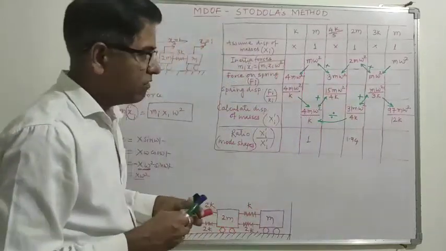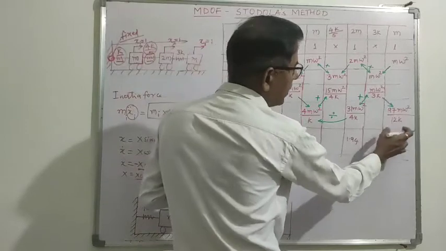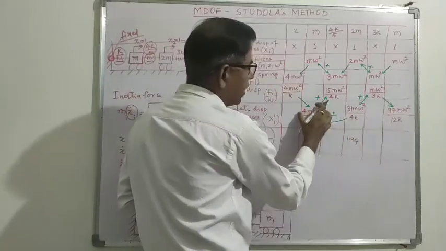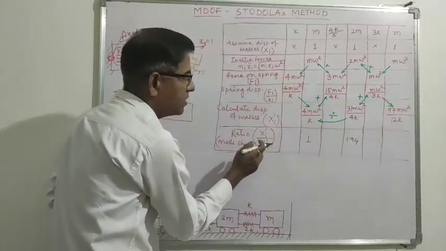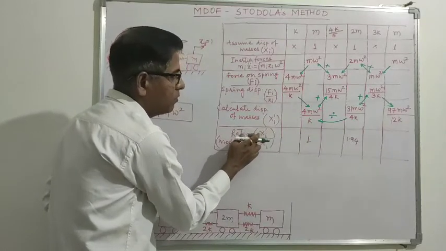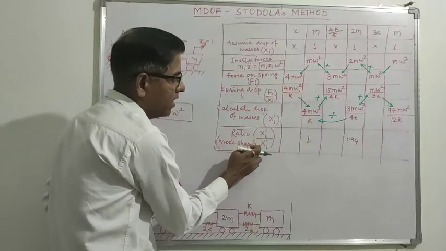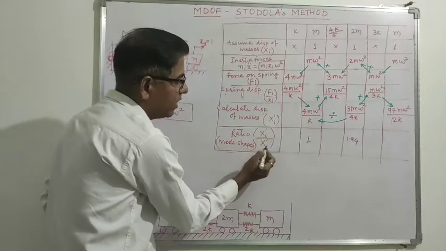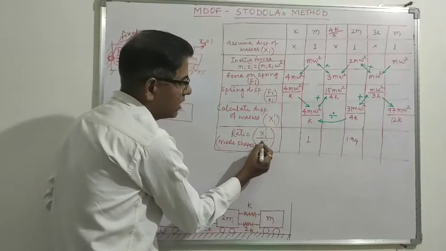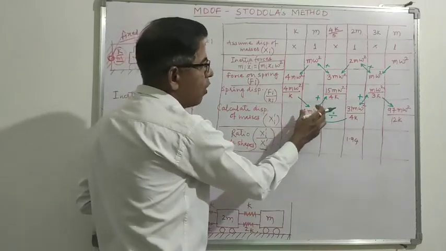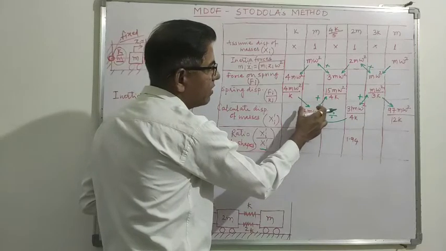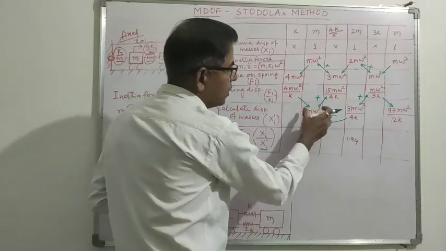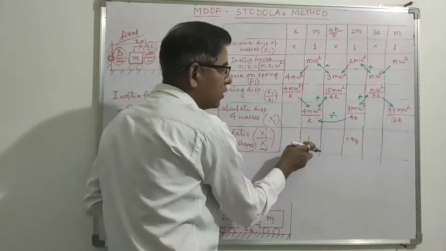And the third value will be obtained by dividing this value by the first value. That is why it is mentioned that xi dash means xi dash upon x1 dash. So in the denominator this is constant, that is x1 dash. So all the values are to be divided by the first value. This divided by this value will give you 1.